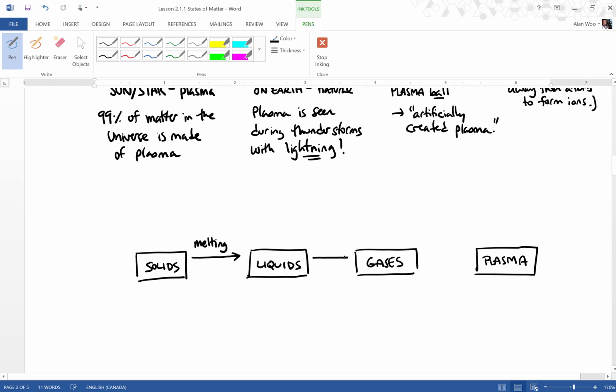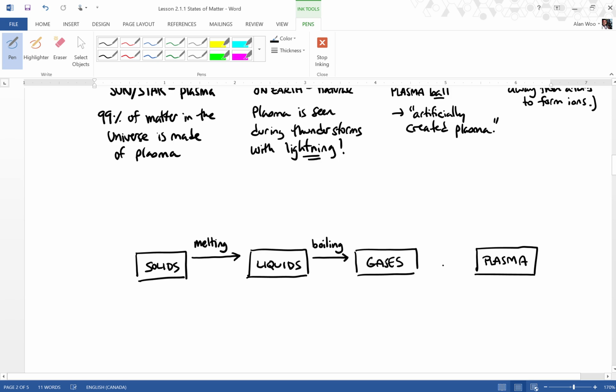Okay. So solids with heat melt into a liquid. If you continue to add more heat, you'll eventually get a gas. But the process here is known as boiling. Okay. It's not evaporation. Evaporation is a different process. You can still turn a liquid into a gas, but it's done slightly different. So we'll look at evaporation next time.